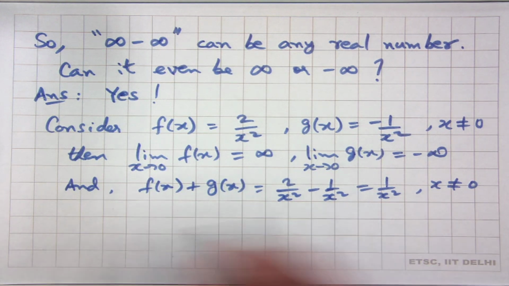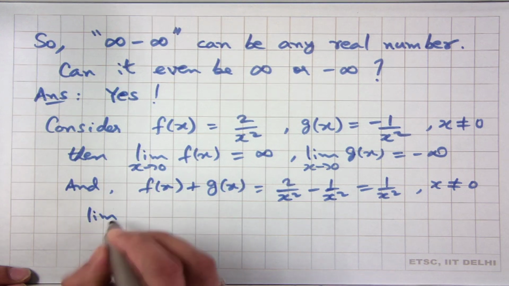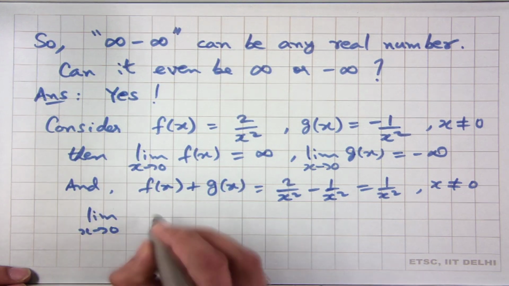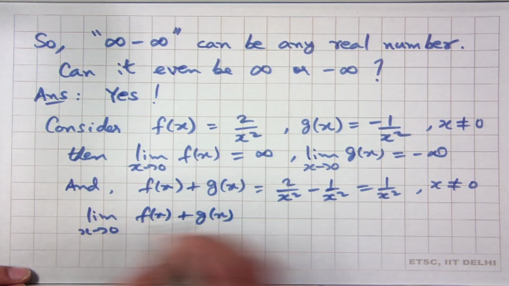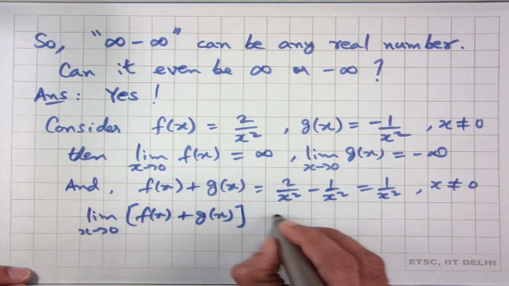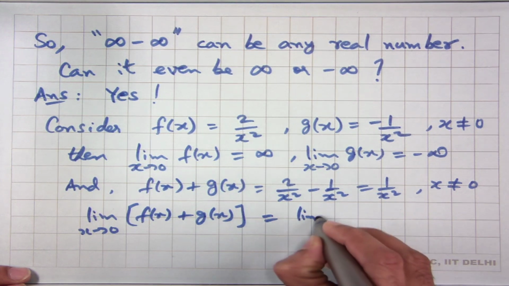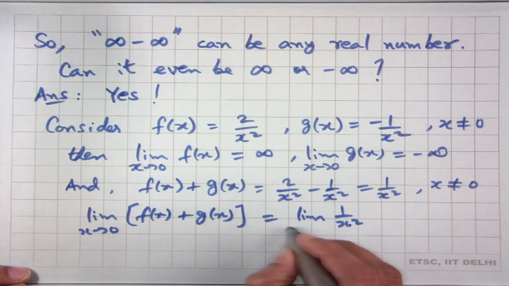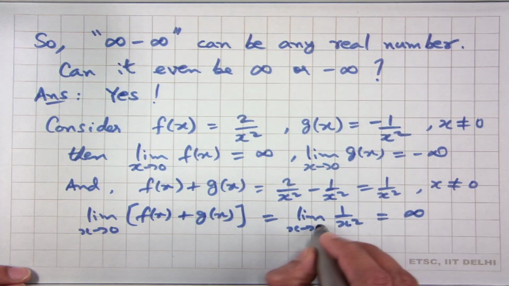We know that 1 by x square approaches infinity. So, the limit as x goes to 0 of f(x) plus g(x) is equal to the limit of 1 by x square as x approaches 0, which is equal to infinity.